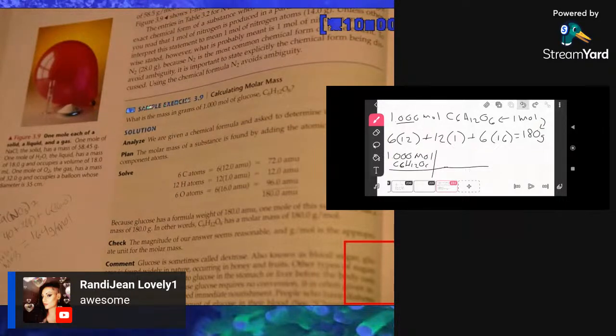All right, let's keep going, and if we get it wrong, we got it wrong. Okay, so 1 mole of glucose, so C6H12O6 weighs 180 grams. See that? This should be it.